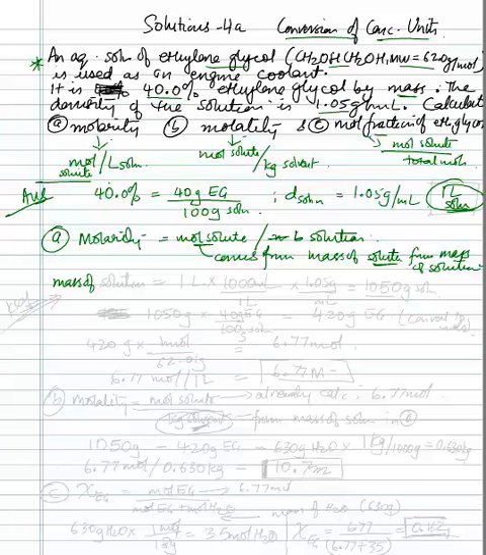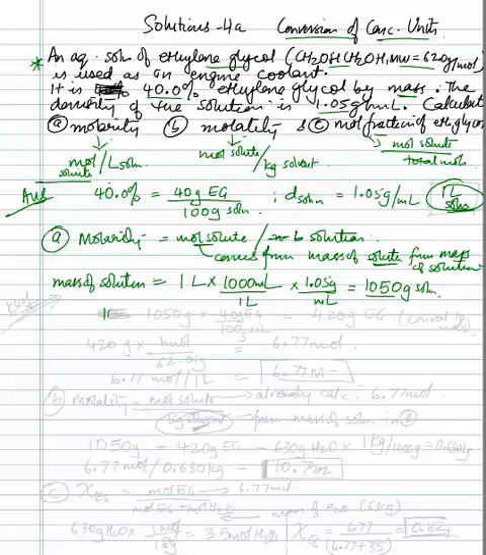Okay, and mass of solution is going to be the 1 liter, which is then converted to milliliters, and then you multiply that by the density of the solution, which is 1.05 grams per milliliter. That's the density. So then we have 1050 grams of solution. That's how we know the mass of the solution. Once we know the mass of the solution, then we know that we have 40% mass of ethylene glycol.